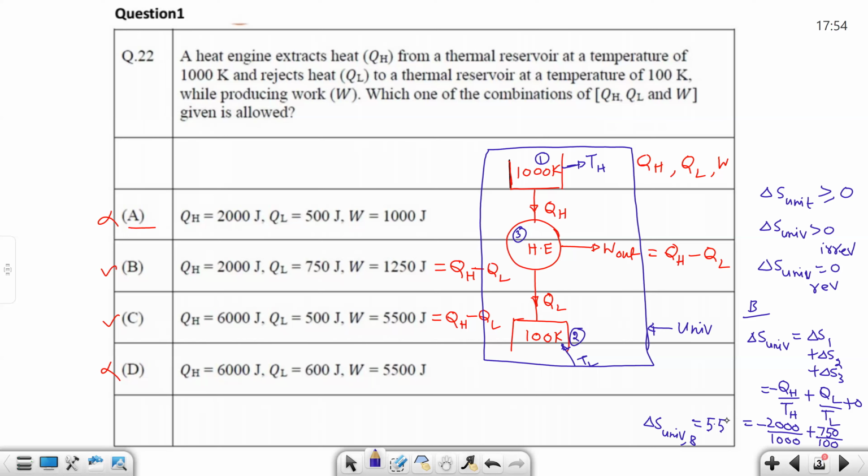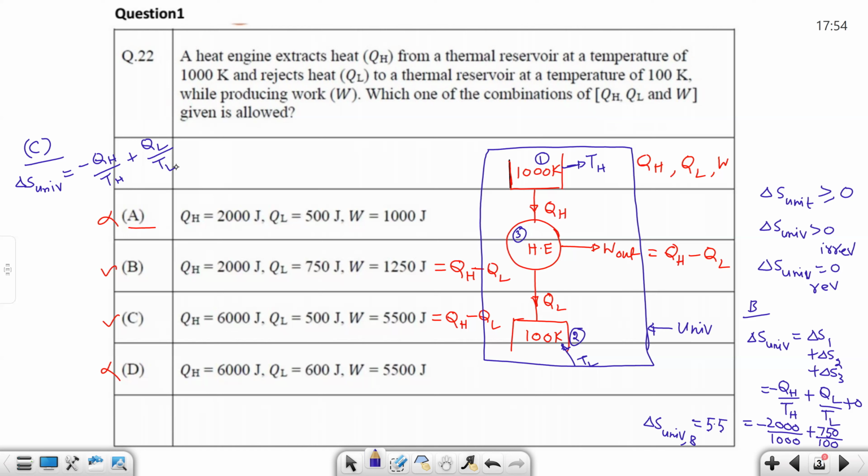Okay. Now let us calculate the entropy change for answer C. For C, the entropy change of the universe is the same thing, though QL and QH will be different. So minus QH by TH plus QL by TL.